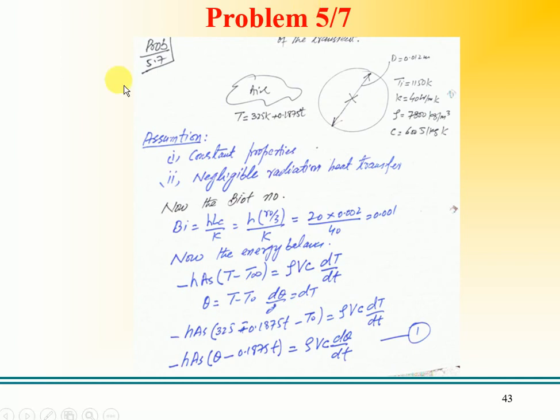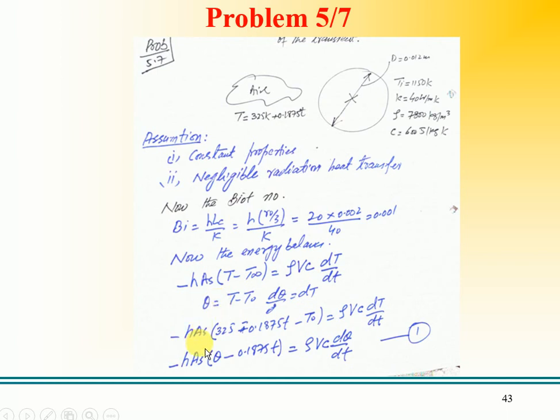Now we have to do the energy balance, of course. Minus h As (T minus T infinity) is equal to rho V c dT by dt, because here the ambient temperature is a function of time. So let's introduce theta as the temperature difference, T minus T naught. Of course, d theta is equal to dT.